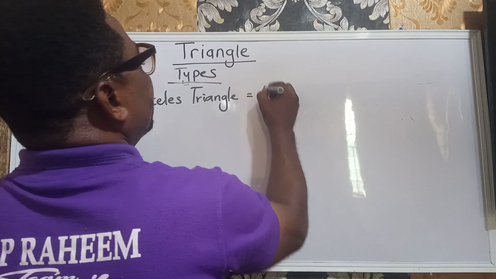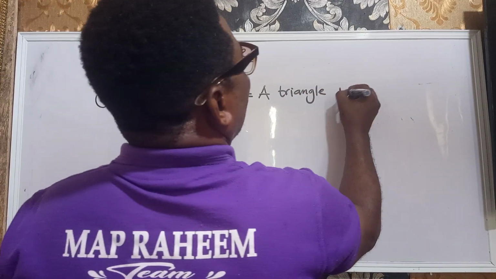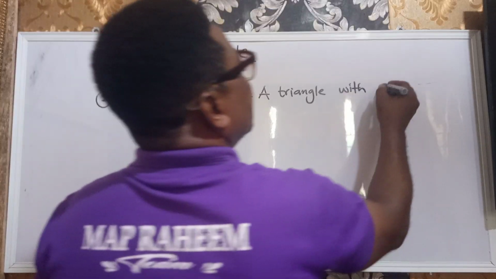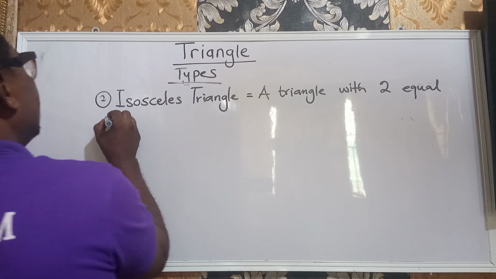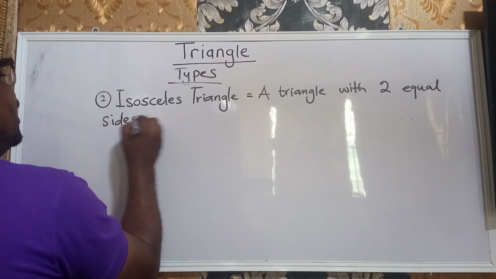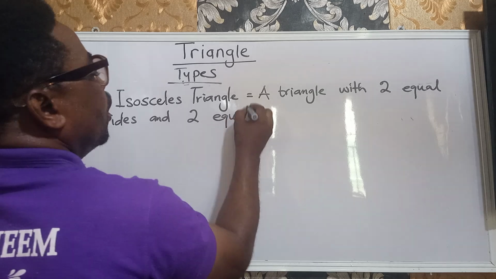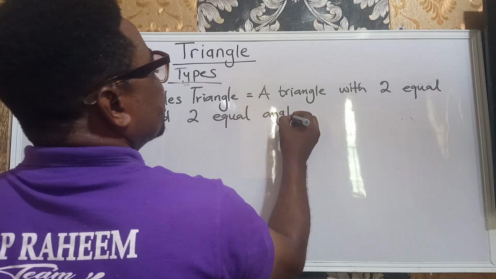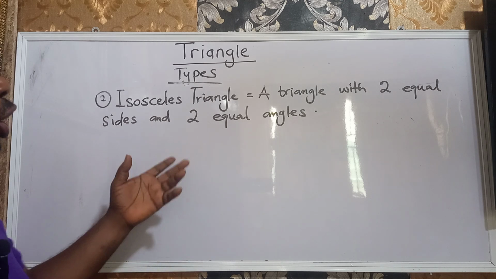This is a triangle with 2 equal sides and 2 equal angles.